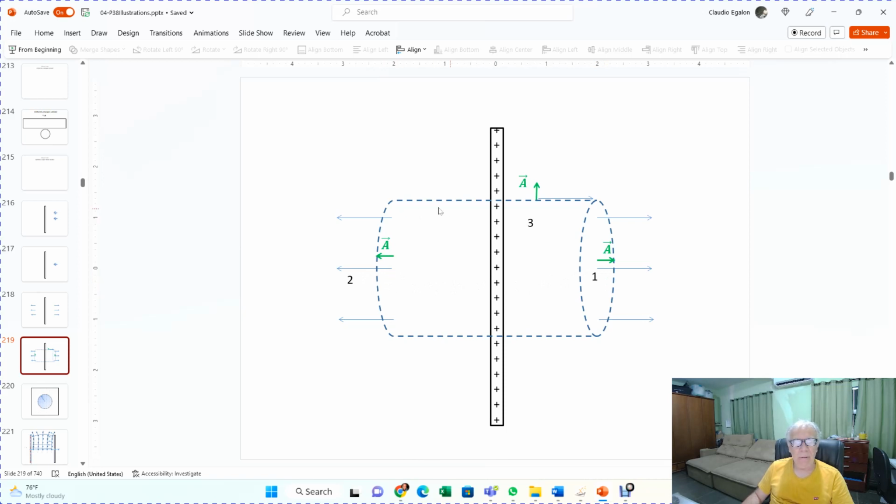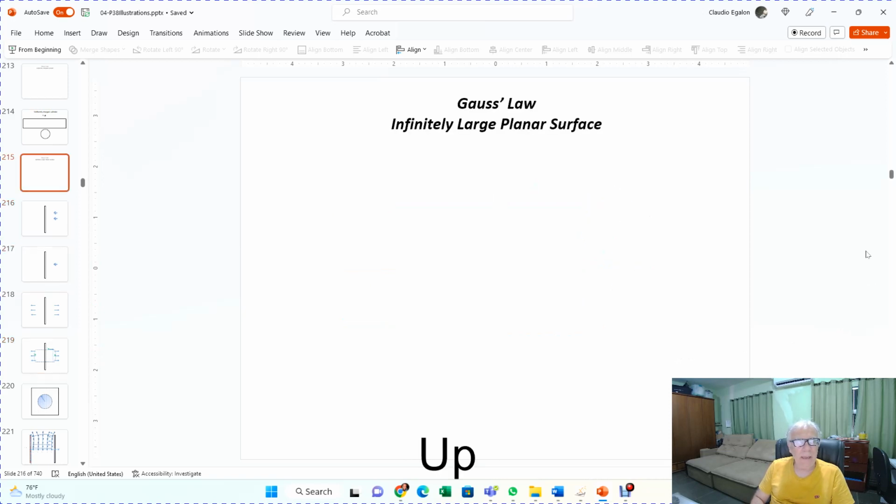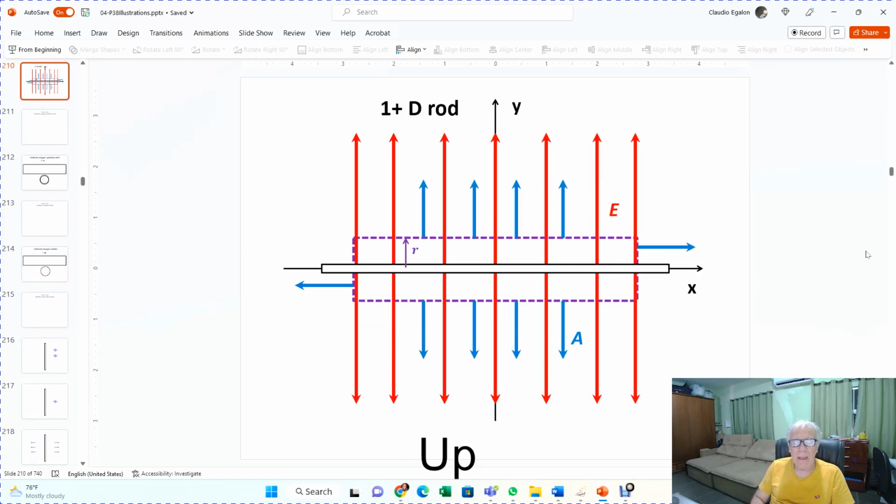So compare this Gaussian surface with the Gaussian surface of the one-dimensional rod. In the case of the one-dimensional rod, the orientation of the cylinder is different. Because the orientation of the cylinder is different, the electric field on the cylindrical surface is going to be parallel to the area and perpendicular to the area vector at the caps of the cylinder.